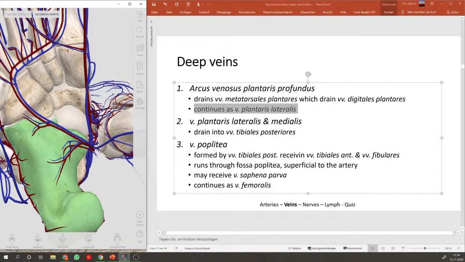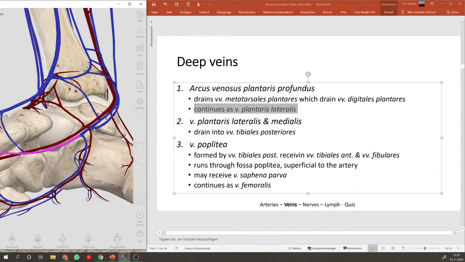Similarly, we have vena plantaris medialis, and both of them will confluent to join together and form posterior tibial veins. Again, it is just opposite like the arteries. So the deep veins are actually quite easy. There's a few exceptions, but mostly this applies.